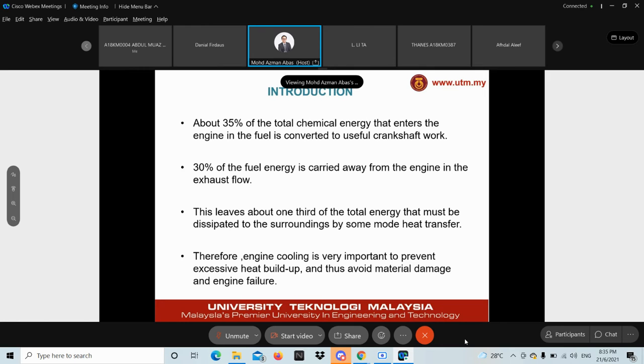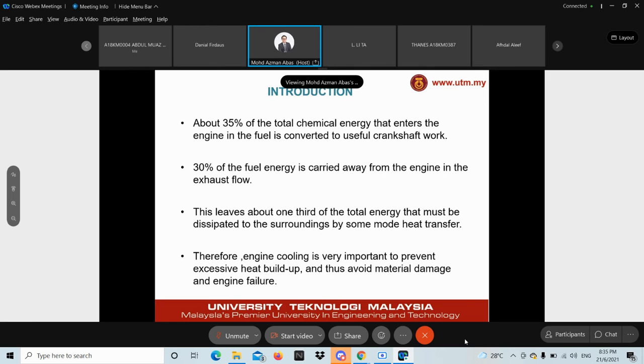So if you have, let's say, 10 liters of fuel being pumped into the engine, only 3.5 liters is converted into useful work. Only 35%.